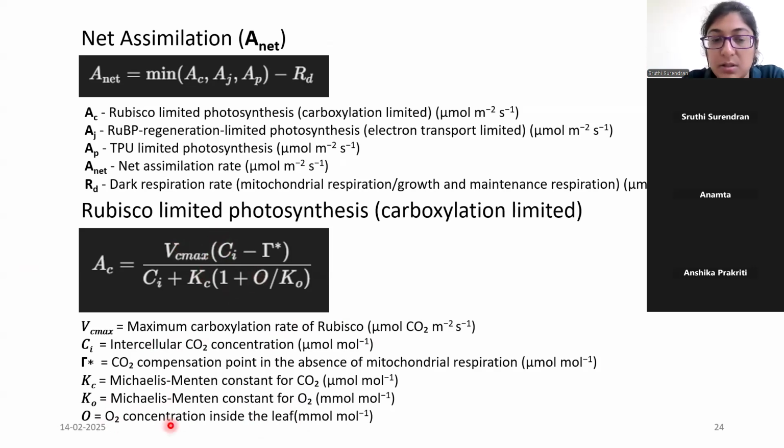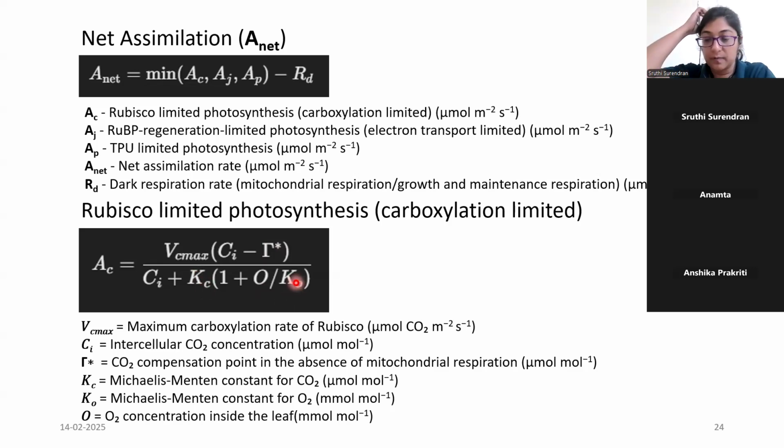Now what we have to know are these three terms: Kc, K naught, and tau star or gamma star, the carbon dioxide compensation point. These are the Michaelis-Menten constants for carbon dioxide and oxygen.